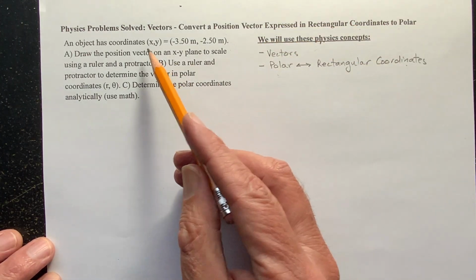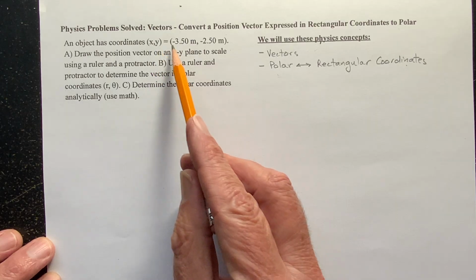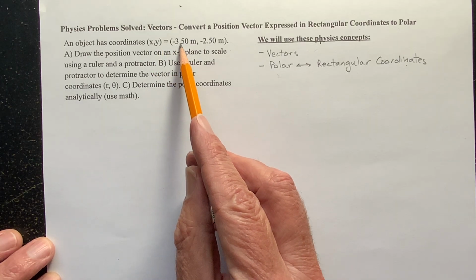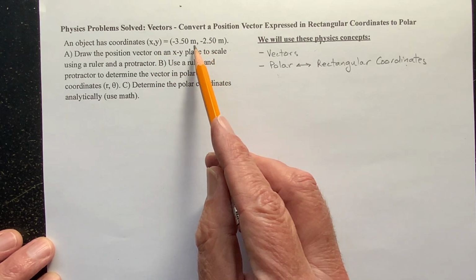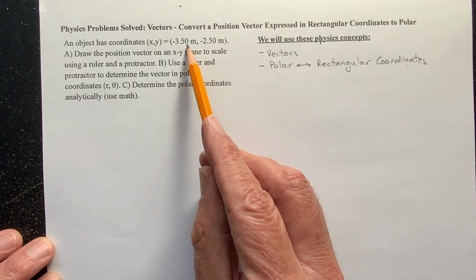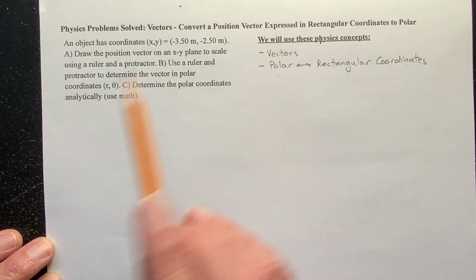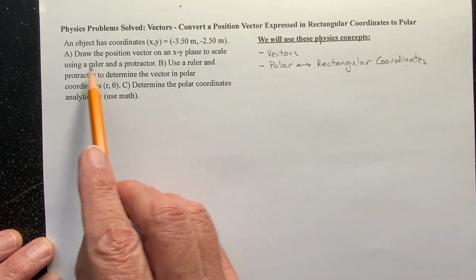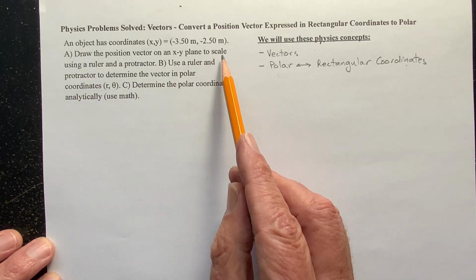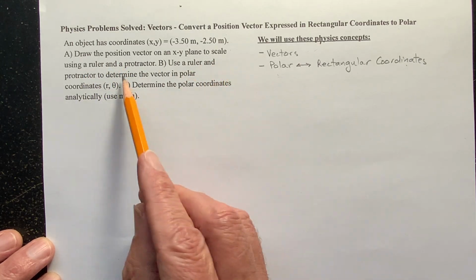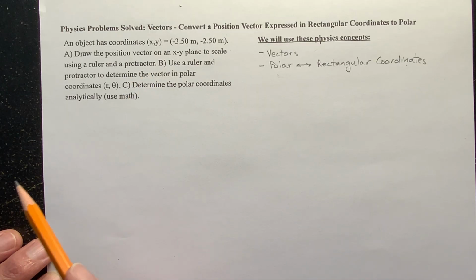An object has coordinates of x, y equal to negative 3.50 meters in the x direction and negative 2.50 meters in the y direction. We want to draw the position vector on an xy plane to scale using a ruler and a protractor.